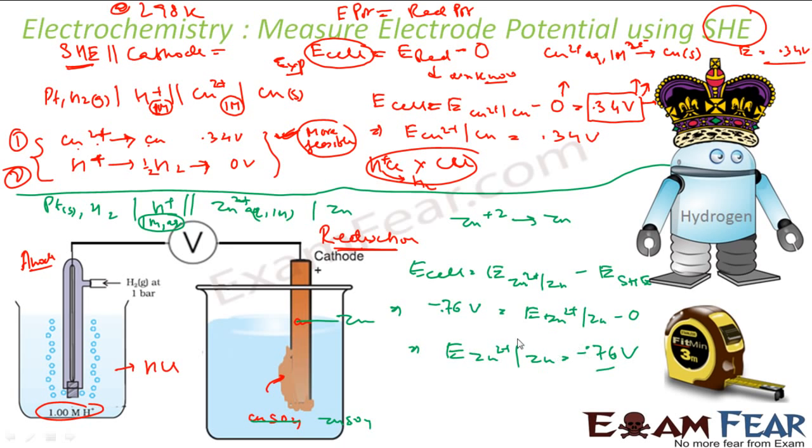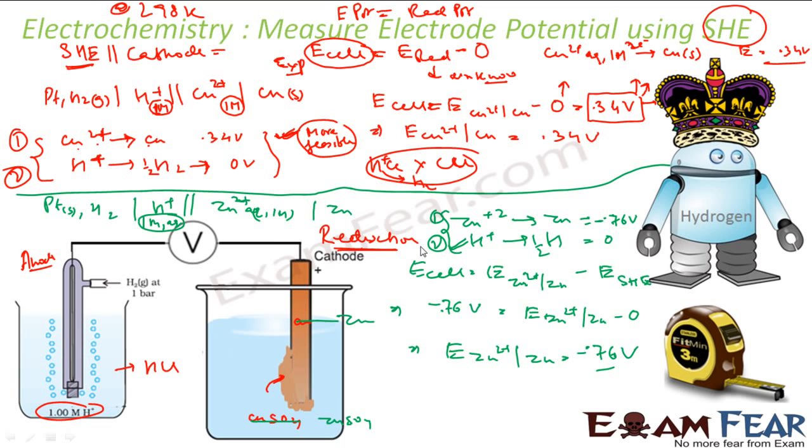Right? Now the negative value of this standard electrode potential indicates that H+ ions get reduced more easily. For example, now if we talk about these two reactions, this and H+ to H2, this has the value of minus 0.76 and this has the value of 0. Out of these two, which one is more? Obviously the second is more because this is a negative value, this is a neutral value.